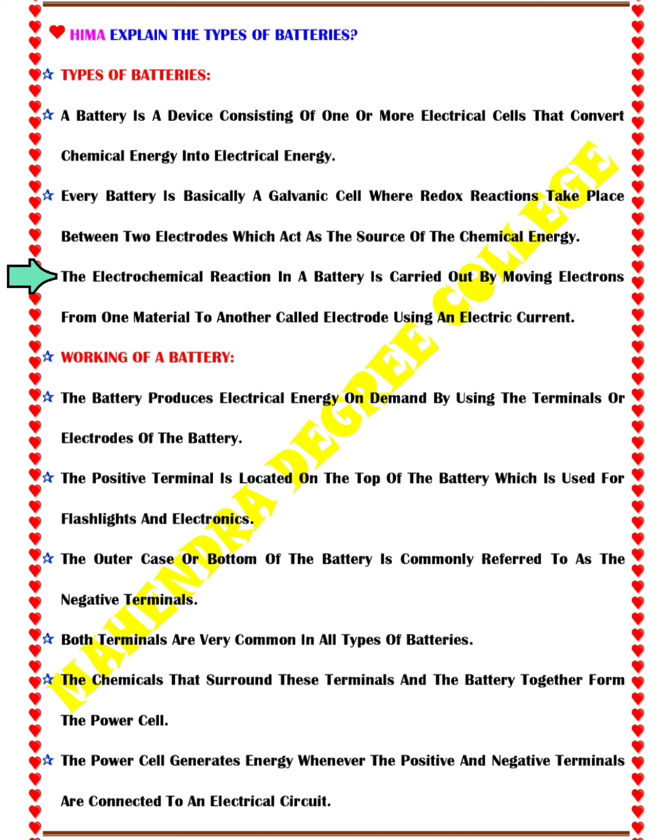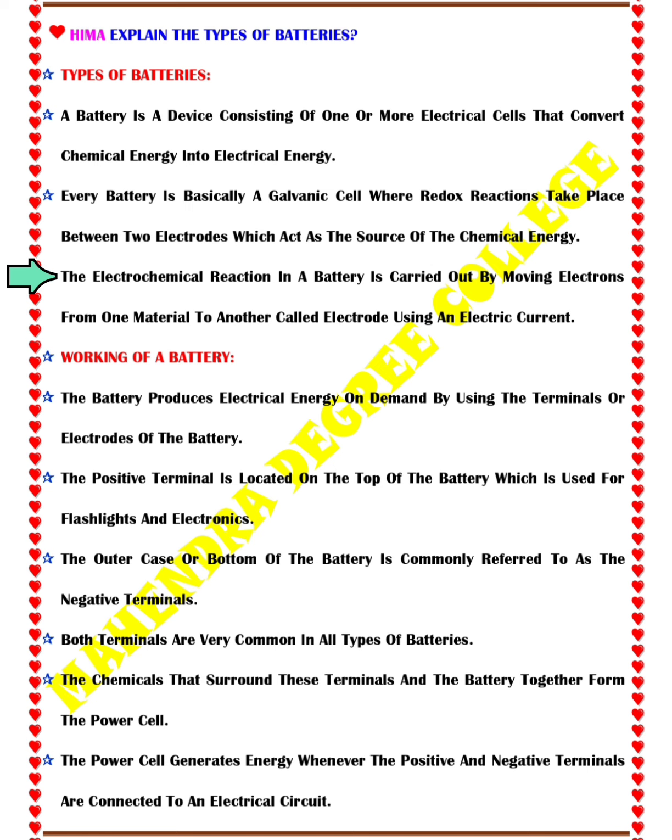A battery has two materials inside called electrodes. Anode, where electrons are released. Cathode, where electrons are accepted. Electrons move from the anode to the cathode during the reaction.